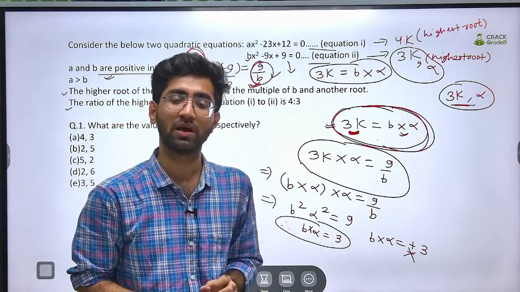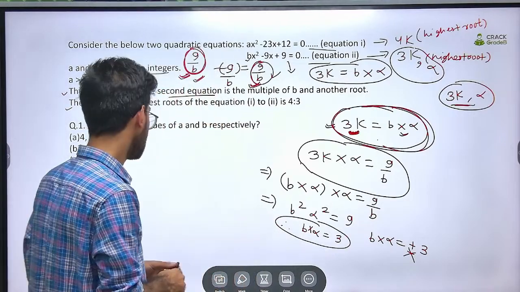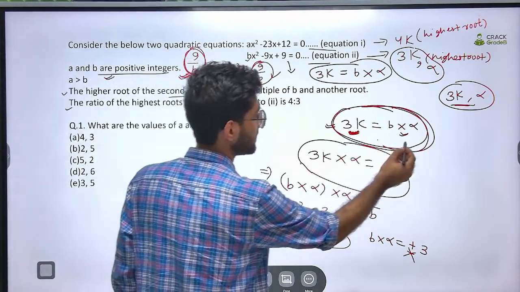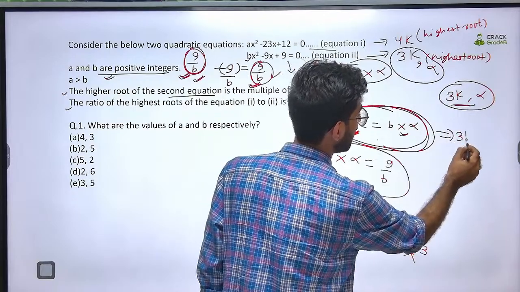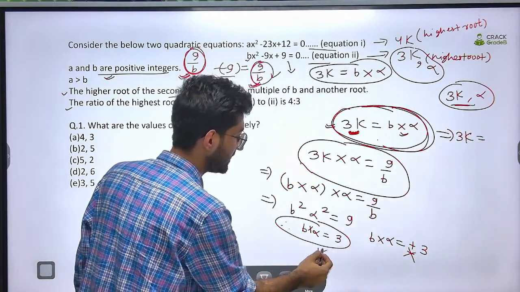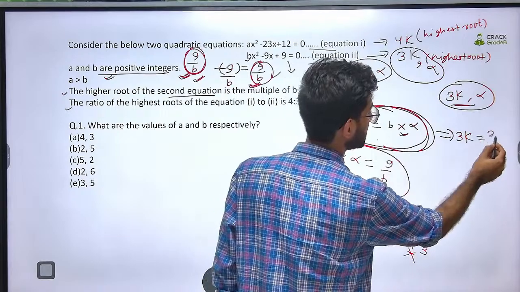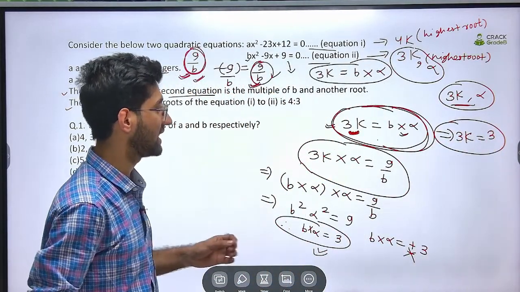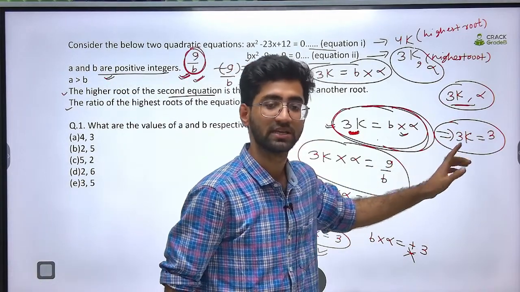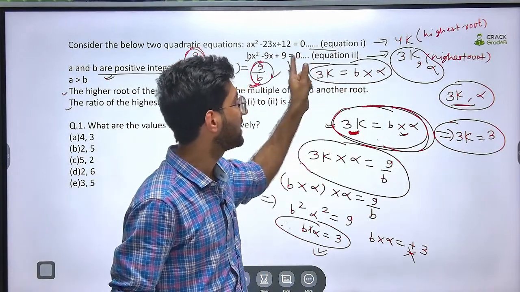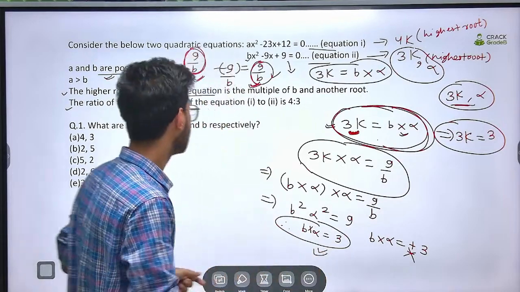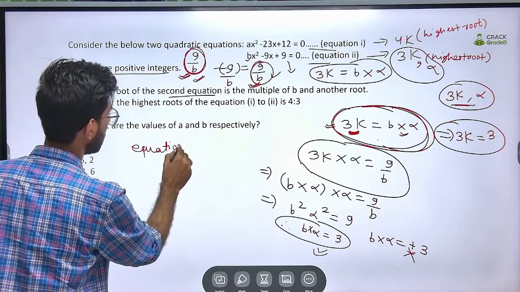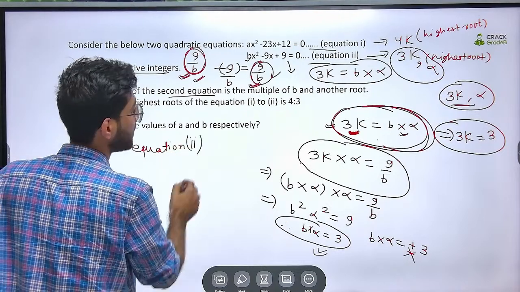And if b into alpha equal to 3, you should be able to think that 3k equal to b into alpha and b into alpha equal to 3, so basically 3k equal to 3. Now 3k is already a root of equation 2, which means equation 2 has a positive root.